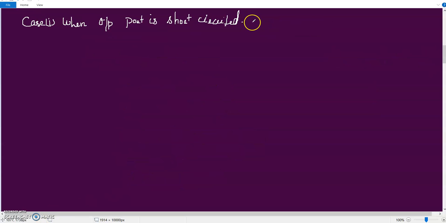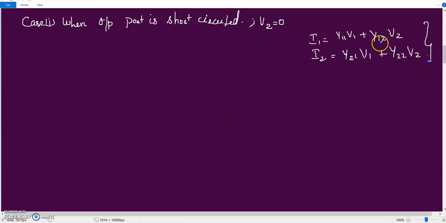Case 1: when the output port is short circuited, that is V2 is equal to 0. Let's write these equations once more. These are the two equations for Y parameter, I1 and I2 as a function of V1 and V2.